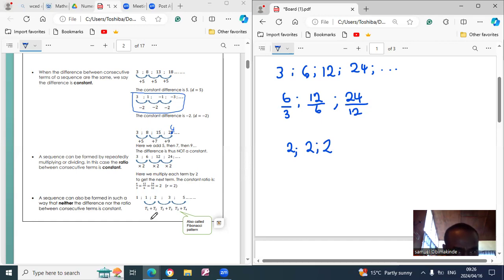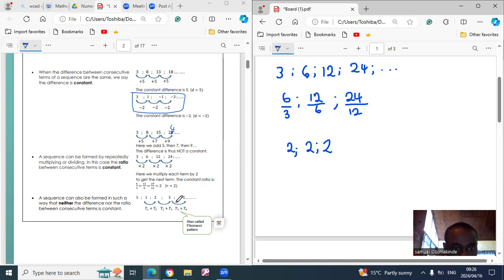Now, let's look at this pattern here. We have 1, 1, 2, 3, 5. So to get to this third term, which is 2, you have to add the first 2 terms, right?